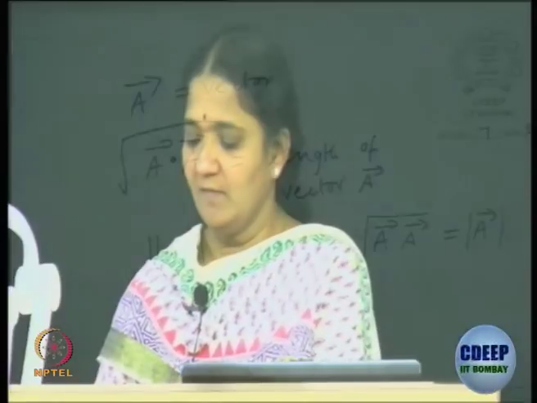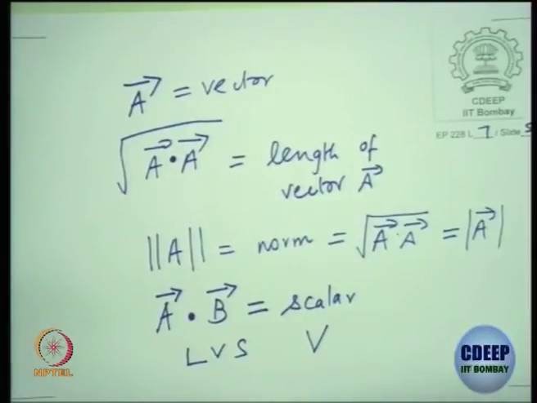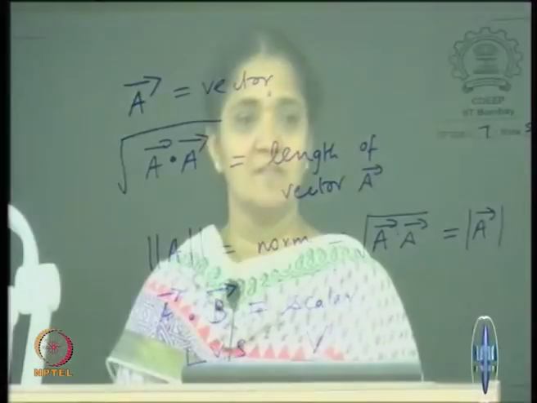Now, with this knowledge of 3-dimensional R3, we would like to go to an abstract linear vector space, which is V. How to find the basis set? Looking at the basis set, the number of vectors in that basis set will give the dimension of the vector space. How to define a dot product?